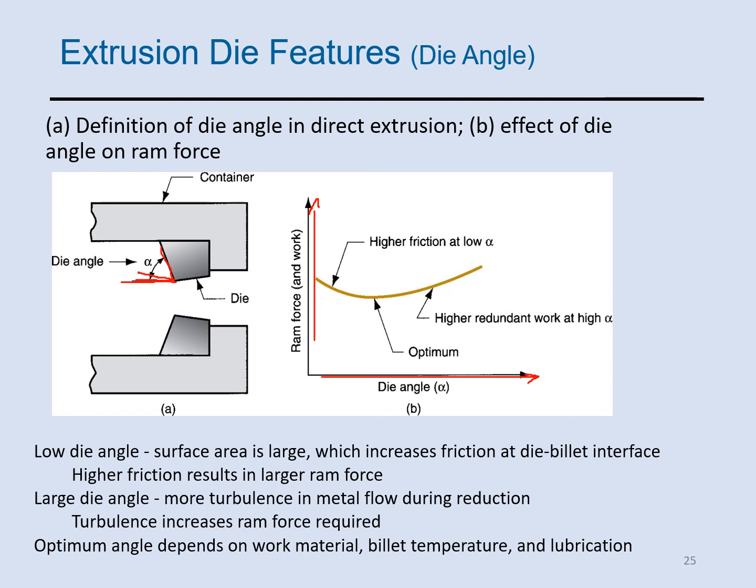Because of that high friction, we need larger ram force. On the other hand, if we have a large die angle, it increases turbulence in the metal flow during reduction. Again, it increases the ram force. So as you see, the ram force goes up. So we have an optimum angle somewhere here where we have the lowest amount of ram force for that operation.